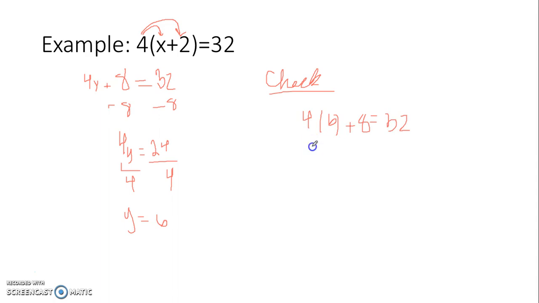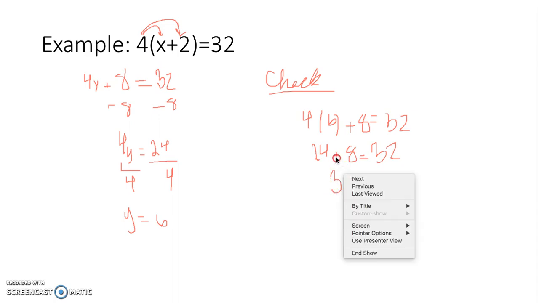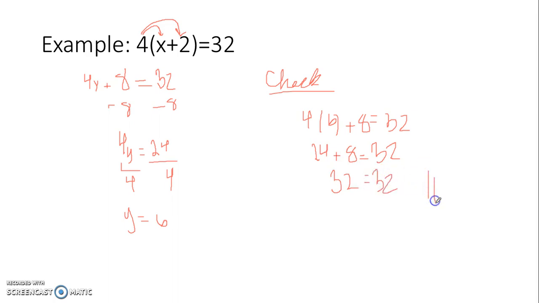Okay, 4 times 6 is 24, plus 8 is equal to 32. And then last but not least, 24 plus 8 is 32, and 32 is equal to 32. Because 32 does equal 32, that is correct. We like that check. We know that we have the right answer of y equals 6.